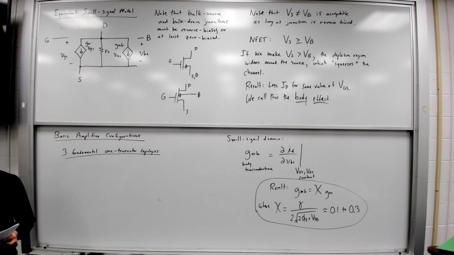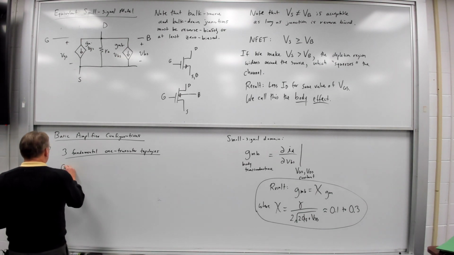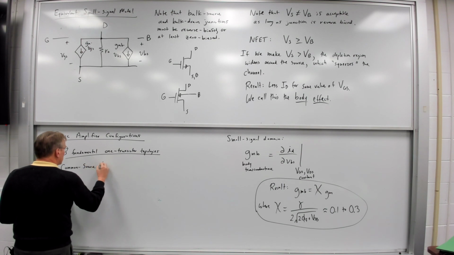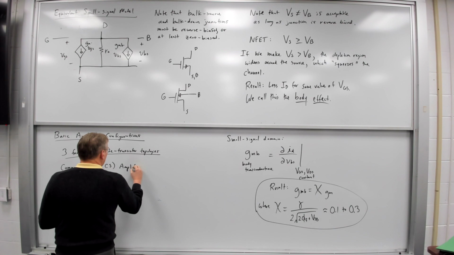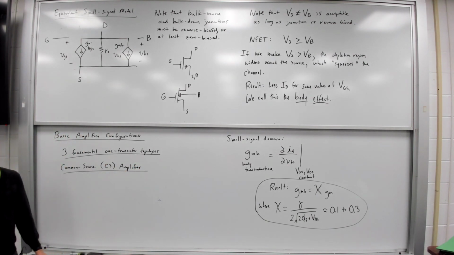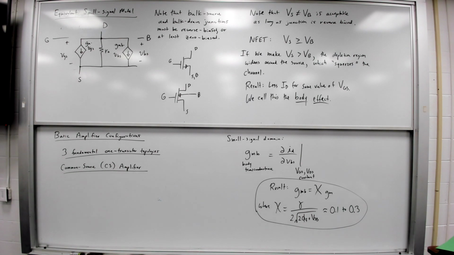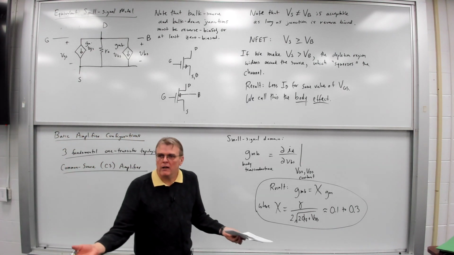The first is the common source amplifier. Or as you'll see it abbreviated, just CS, CS amplifier. So the common source amplifier is the topology we've looked at before.